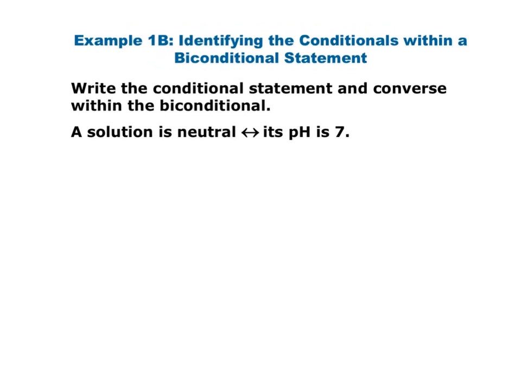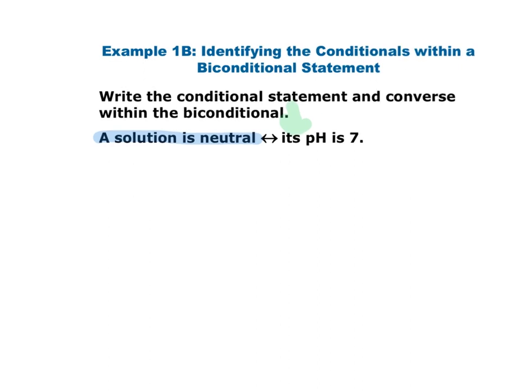So here's another example. Write the conditional statement and the converse within the biconditional. So it's giving us the biconditional here. So we need to write the conditional statement and the converse. So we have a solution is neutral. That is our P. Its pH is 7.